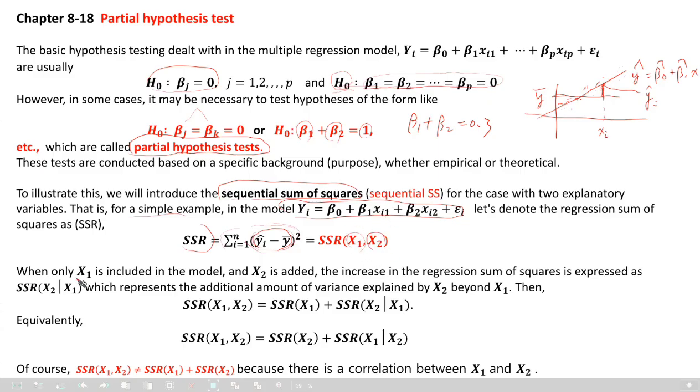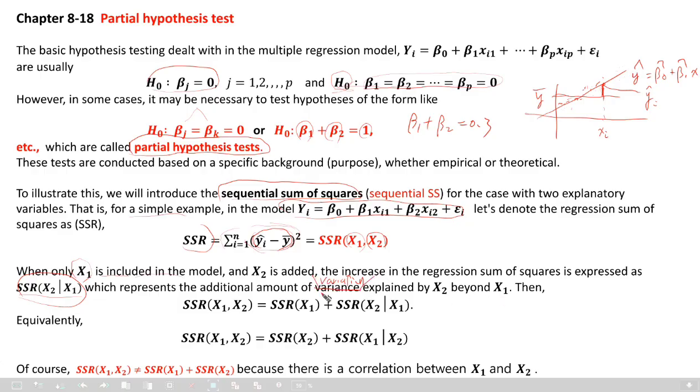When only x1 is included in the model and x2 is next added, the increase in the regression sum of squares is expressed as SSR of x2 given x1, which represents the additional variation explained by x2 beyond x1.